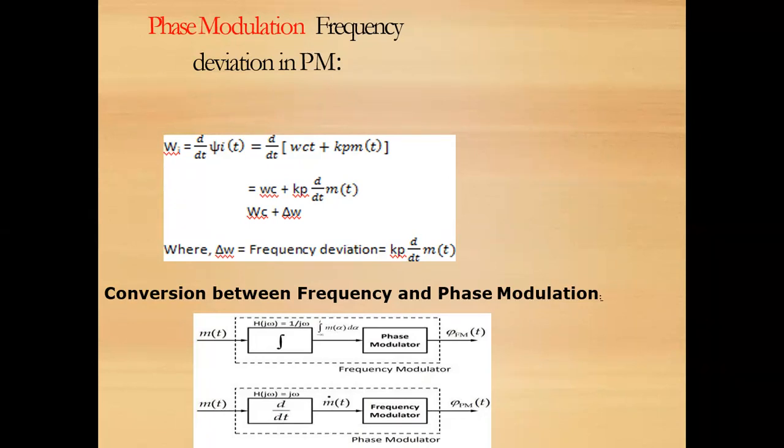By integrating, we can obtain FM from the phase modulator, and by differentiating the FM we can achieve PM. So by using an integrator and a differentiator we can achieve FM as well as PM, vice versa.